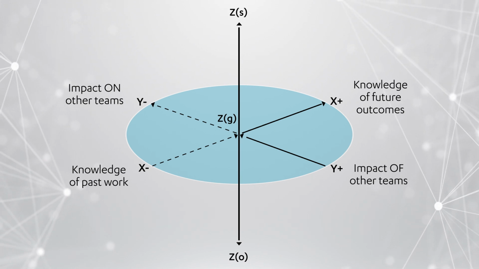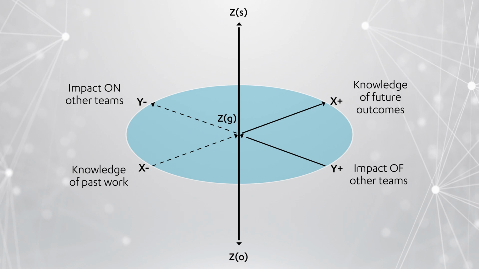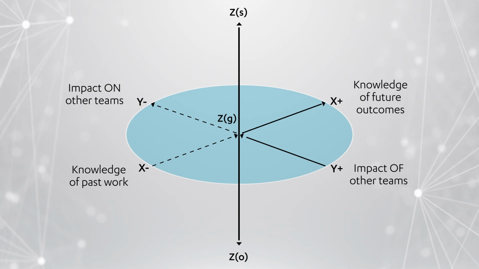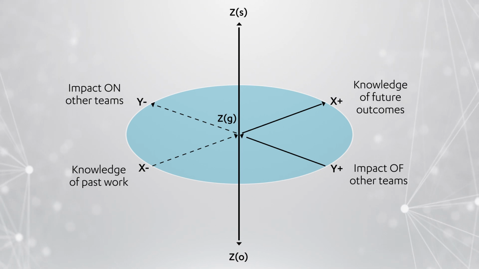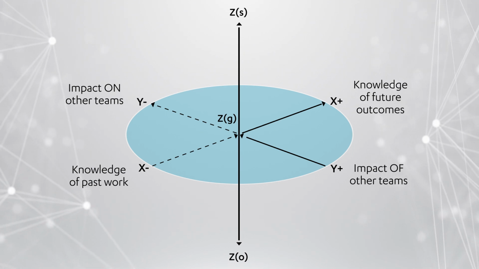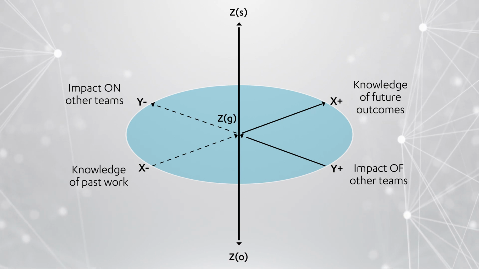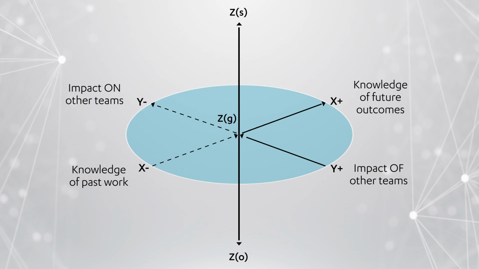Given the organization's strategies, what exactly should we be focusing on operationally to build or provision the capabilities that we need in order to help the organization to achieve those strategic goals? And then, of course, there we are in the middle at ZG, trying to deliver on these operational goals, trying to help support these broader strategic goals.